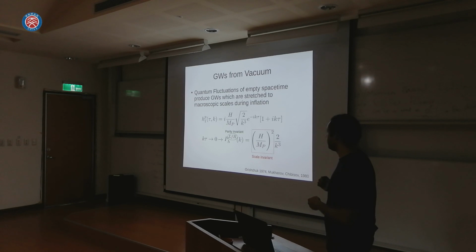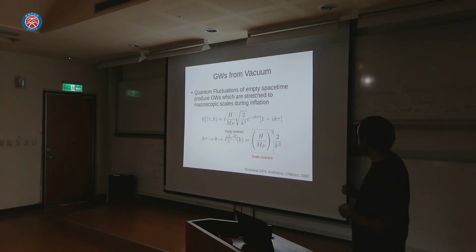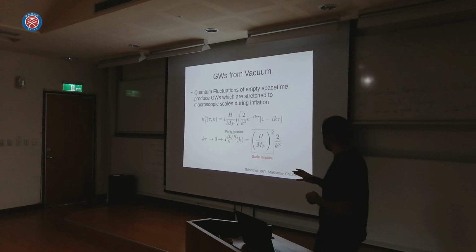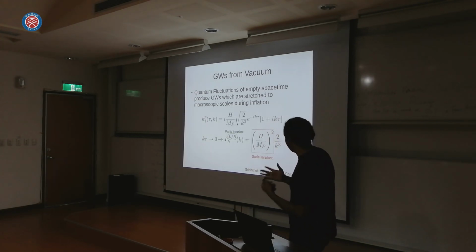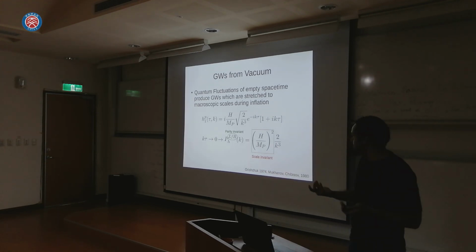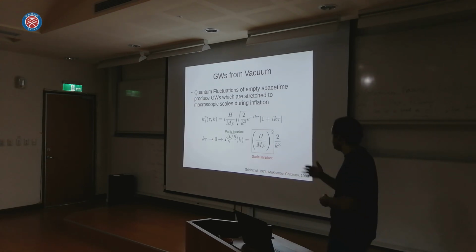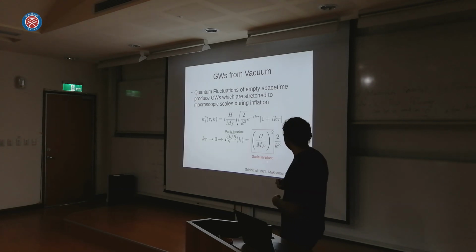The two most important things to note here: the first is that this power spectrum is parity invariant, which means that both the left and right-handed polarizations of gravitational waves are equally excited. This is expected, because we do not expect vacuum fluctuations to have any preference for a particular polarization.